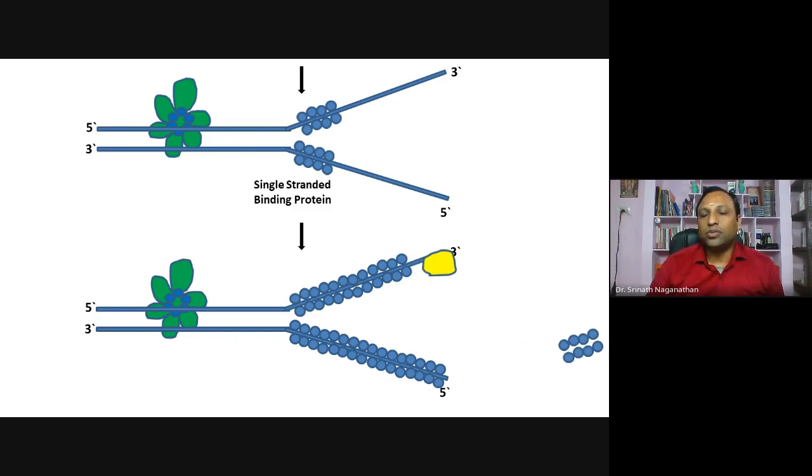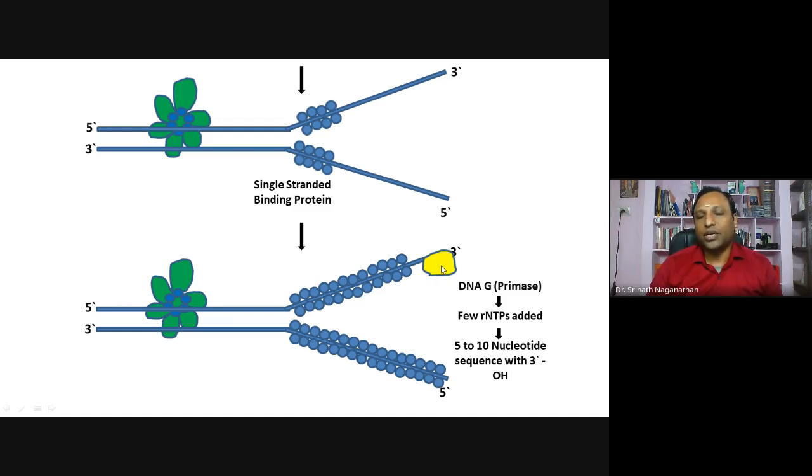So what happens is, once the primase comes, one part of the single stranded binding protein gets removed. And now we have our DnaG, which is primase, and they bring a few rNTPs at this particular location. Once they bring nearly 5 to 10 nucleotides that are formed at the 3 prime end, the primer is being synthesized.